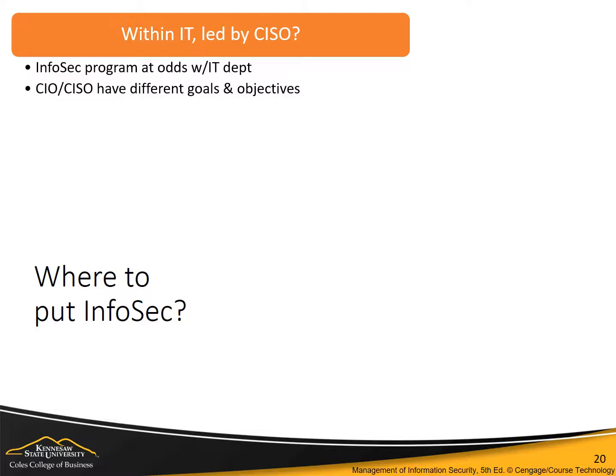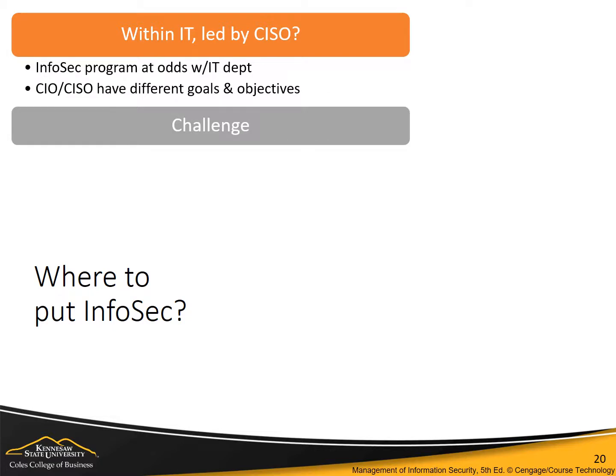Because the goals and objectives of the CIO and the CISO may come in conflict, it is not difficult to understand the current movement to separate information security from the IT division. The challenge is to design a reporting structure for the InfoSec program that balances the needs of each of the communities of interest. And it's not an easy issue to resolve.